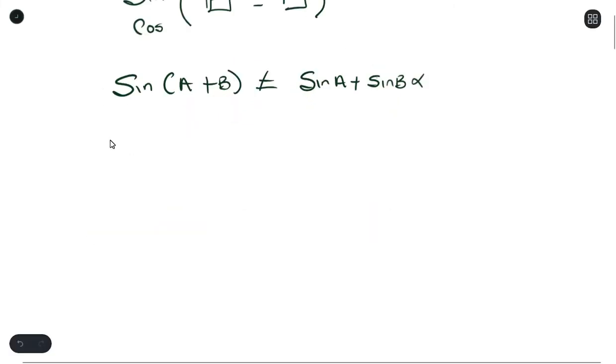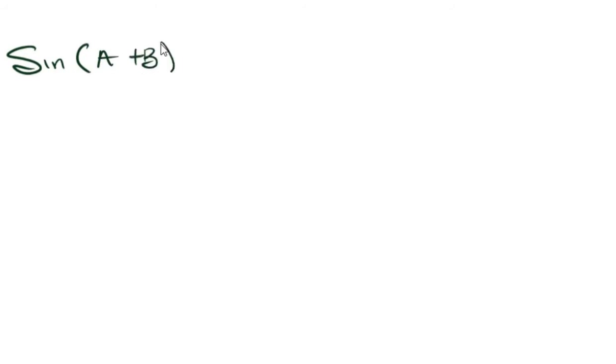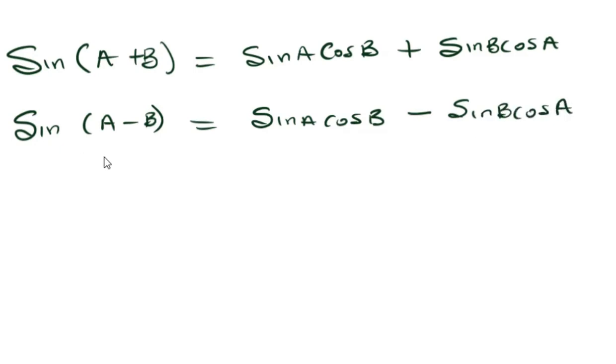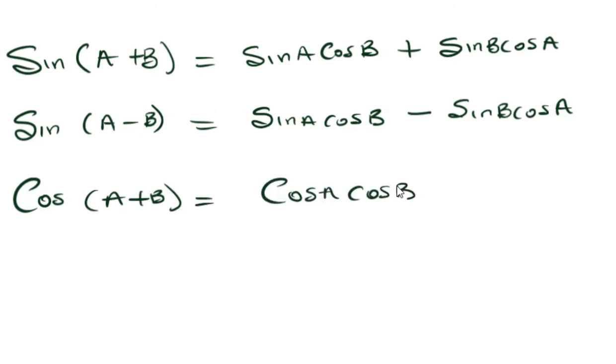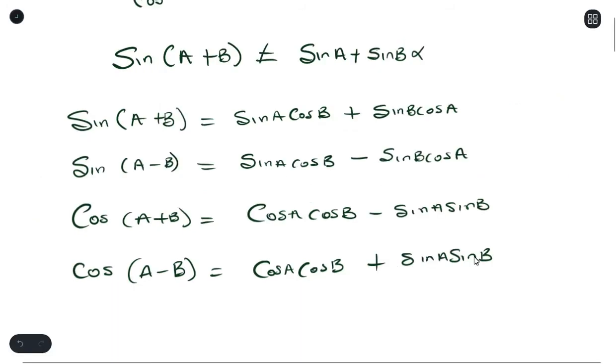Now that we've talked about what a compound identity isn't, let's actually write down the 4 compound identities you need to remember. These are the compound identities that you always need to remember.